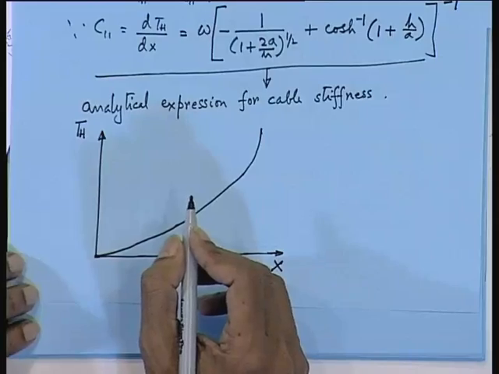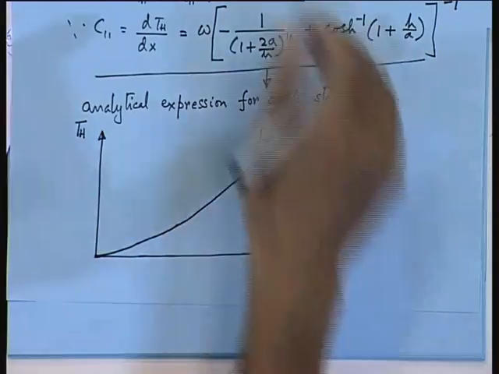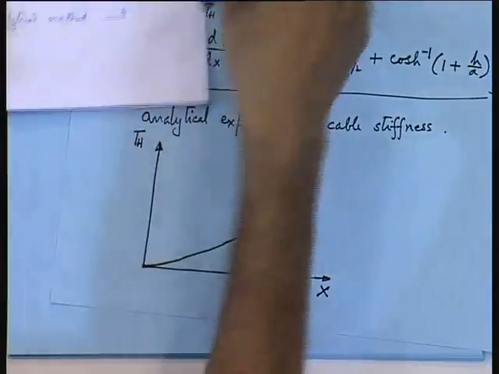So TH expression, what was the TH expression? We have already derived one TH expression. I think in the last class I told you what was the expression for TH. That expression T we have found out.